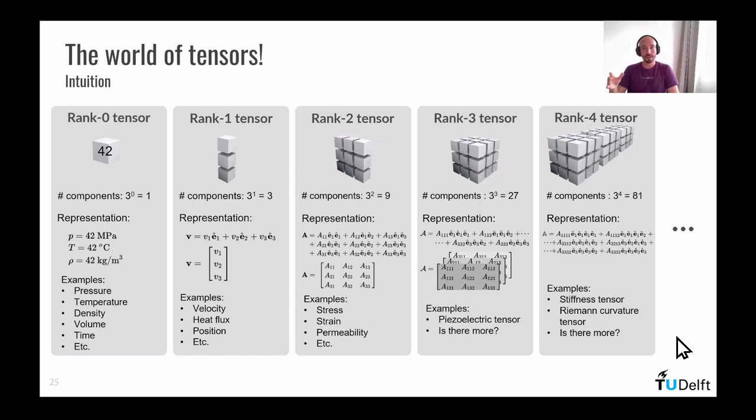So this is a basic overview of what tensors are. They can have different orders, and they are just mathematical abstractions, or we can think of them as data structures that can represent different physical quantities. For example, we cannot represent stress by only 3 components associated to 3 directions.